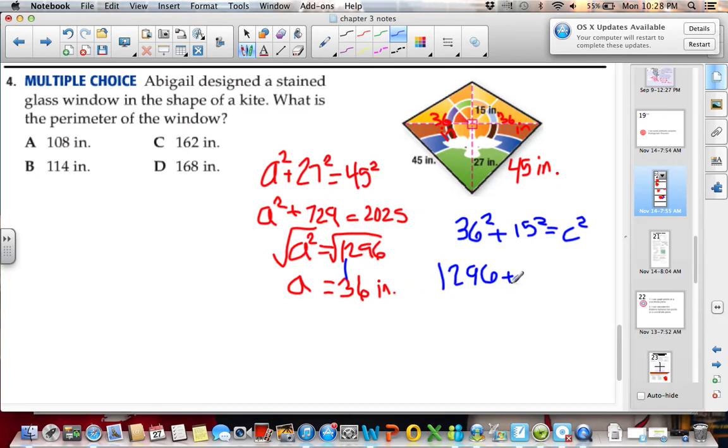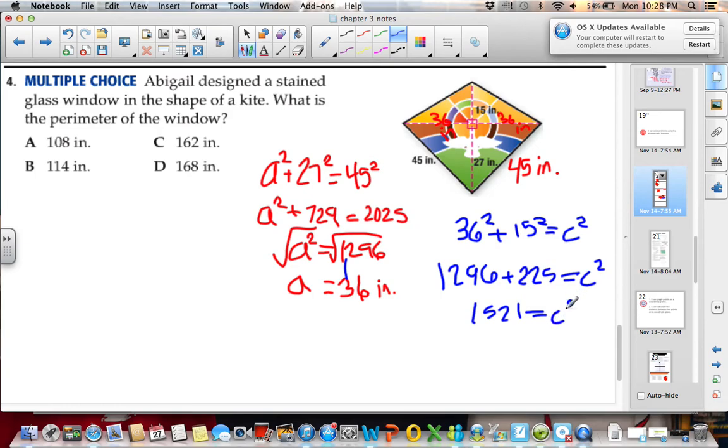And then 15 squared is 225 equals c squared. 1,296 plus 225 equals 1,521.